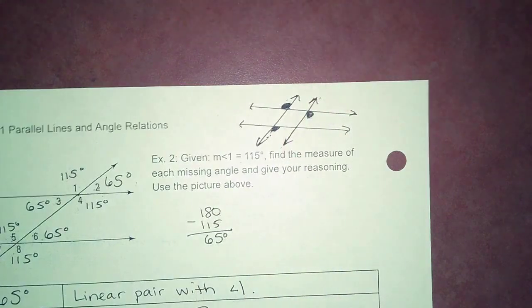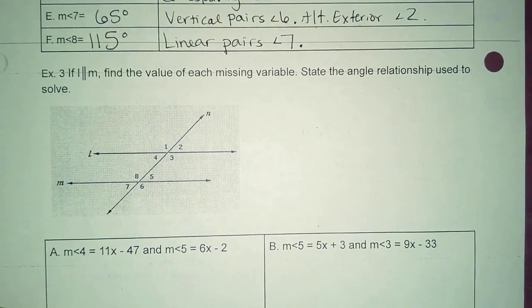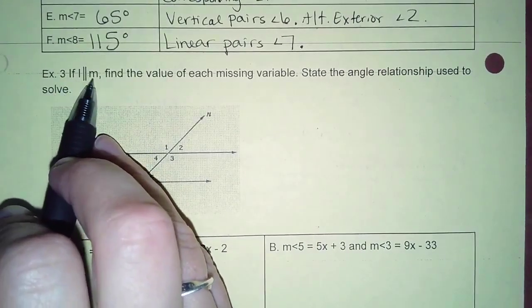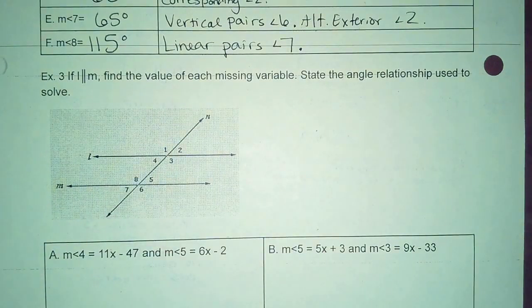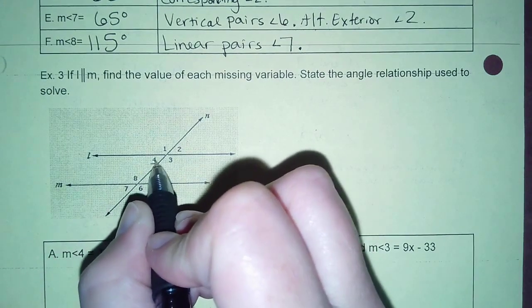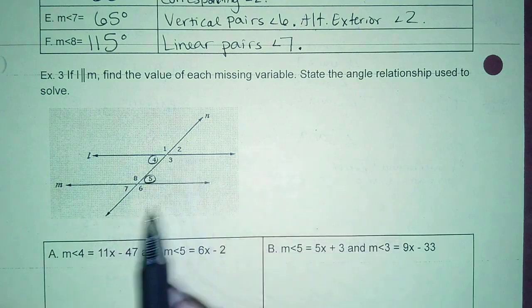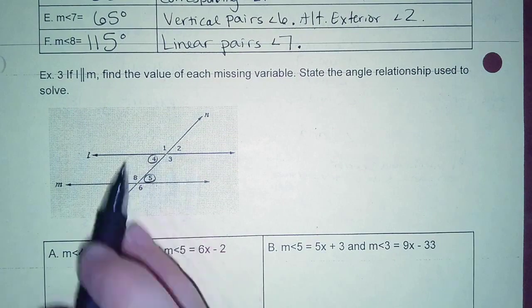This last section, let's throw some algebra in with it. If L is parallel to M, find the value of each missing variable. State the angle relationship used to solve. First we have angle 4 and angle 5. They're on opposite sides of the transversal, so alternate, and they're on the inside of the parallel lines, so alternate interior angles.